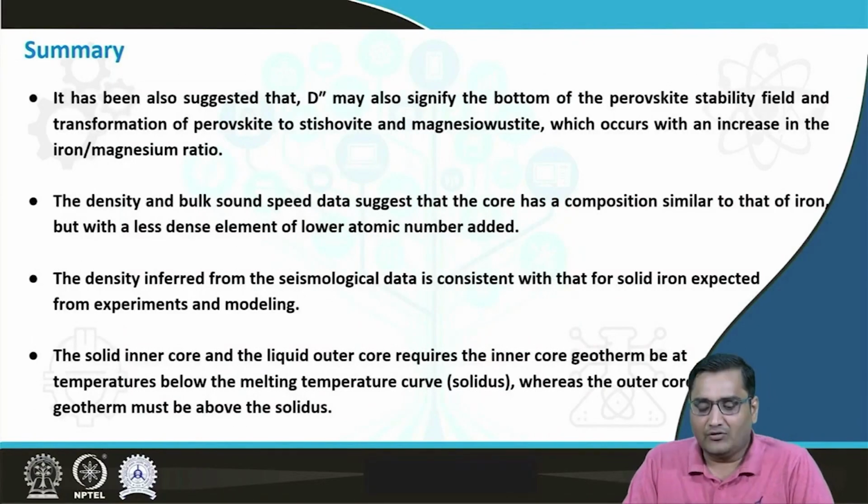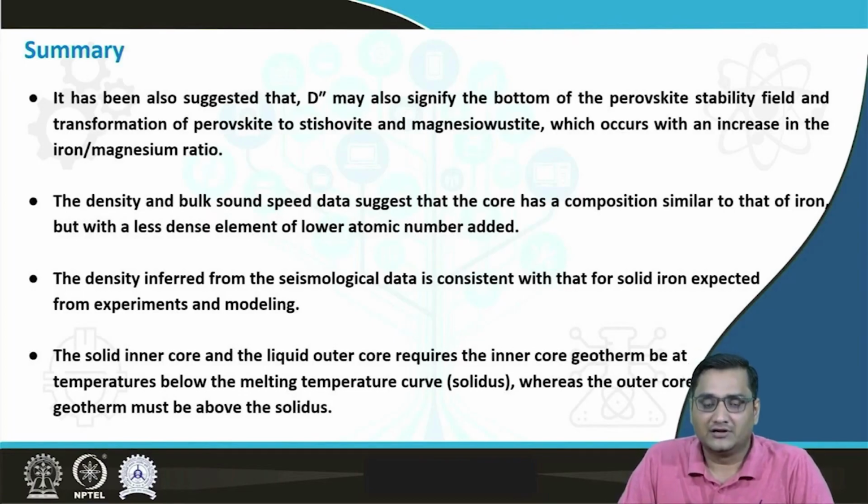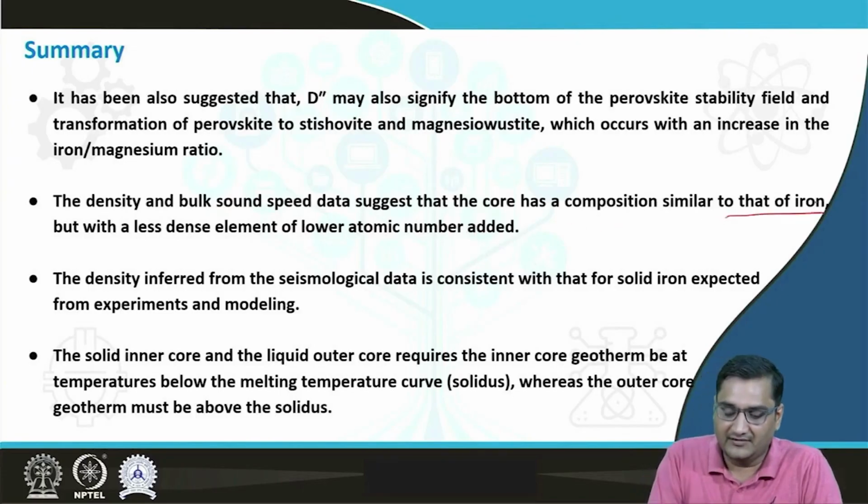It has also been suggested that D double prime may signify the bottom of the perovskite stability field and transformation of perovskite to stishovite and magnesiowustite, which occurs with an increase in iron magnesium ratio. The density and bulk sound speed data suggest that the core has a composition similar to that of iron, but with a less dense element of lower atomic number added to it, that is silicon.